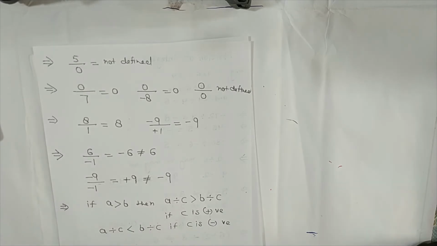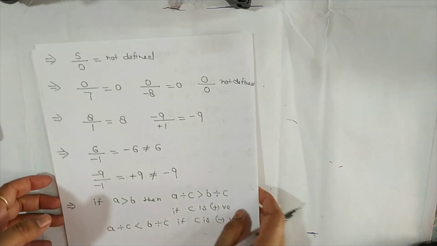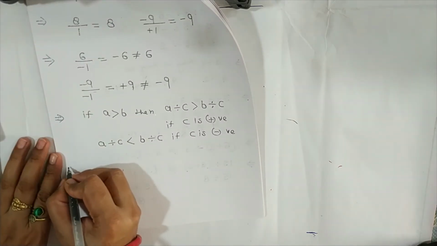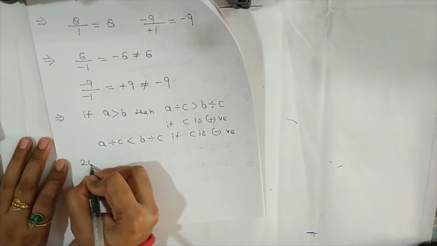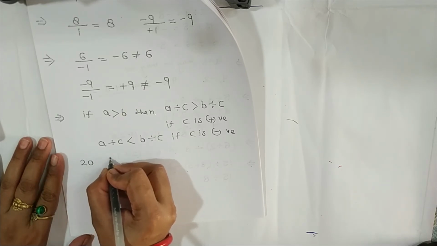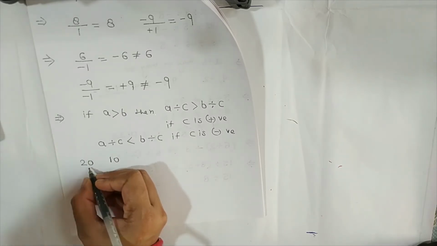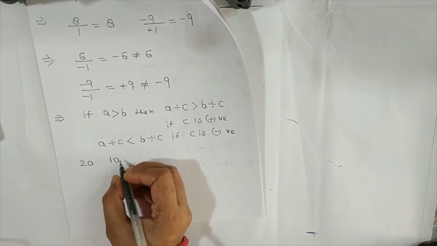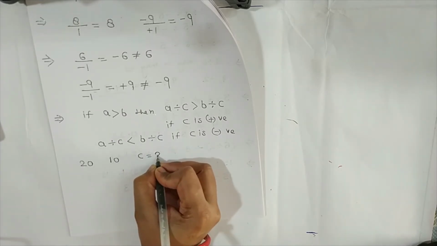For this we will take an example. Suppose I am taking 20 and 10. Let's say 20 is a and 10 is b and c is equal to 2.